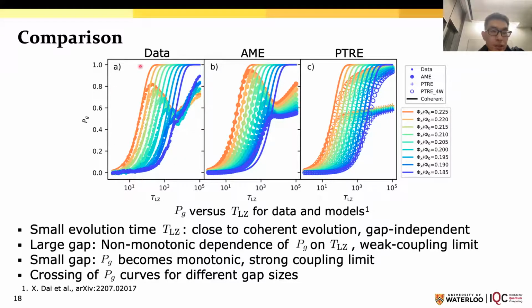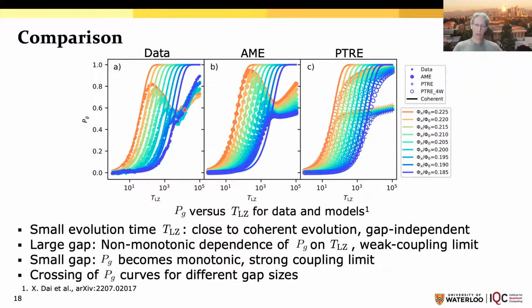But in the experiment, that's not the case. For short evolution times, the orange curve is higher than the blue curve, but as you go to long evolution times, the blue curve becomes higher. So there's a crossing of all these different curves that happens around here.